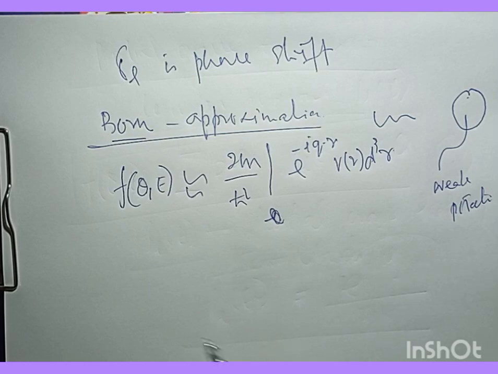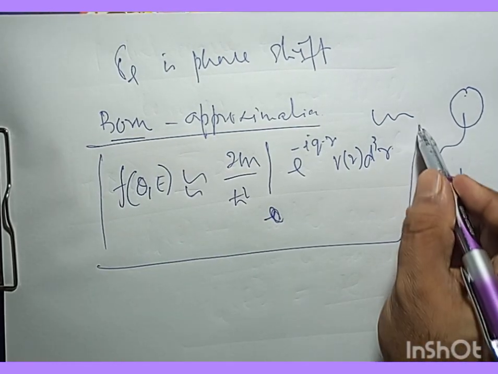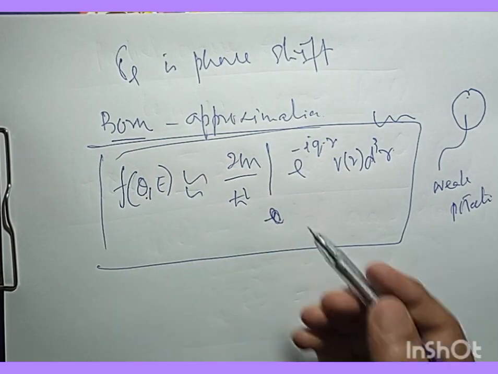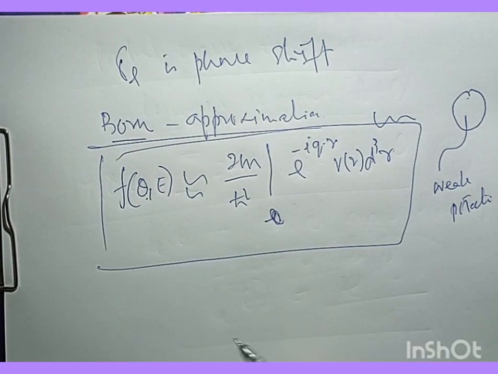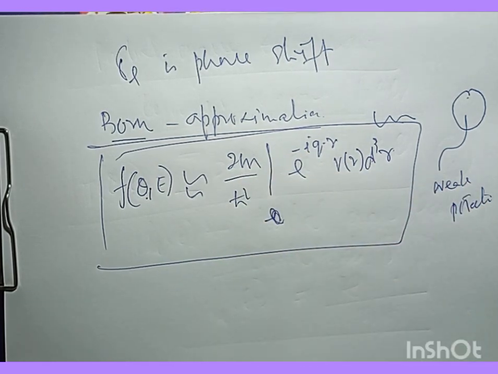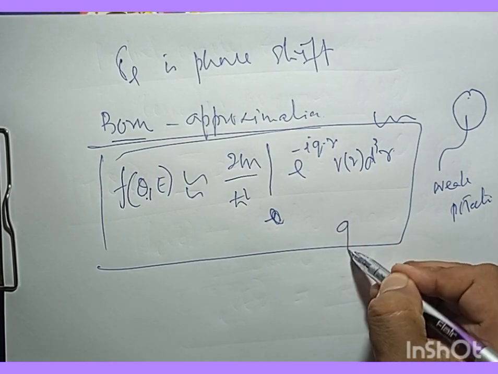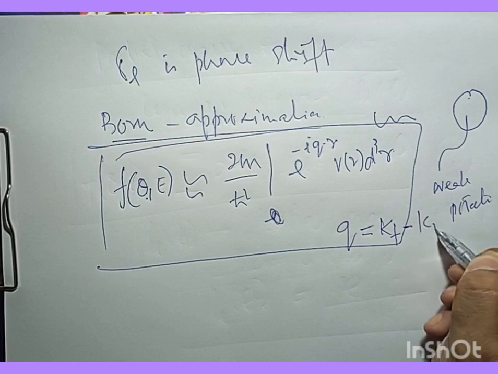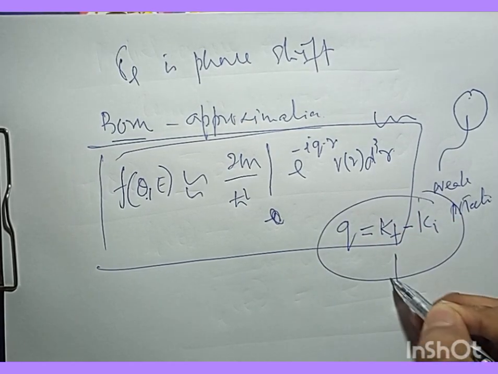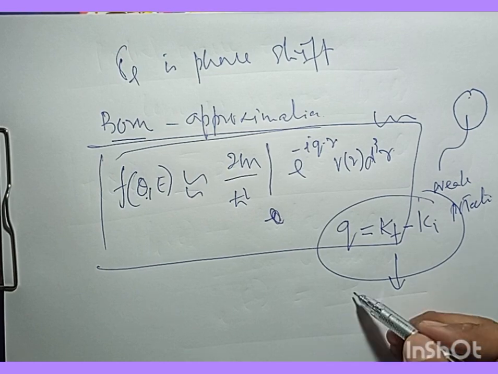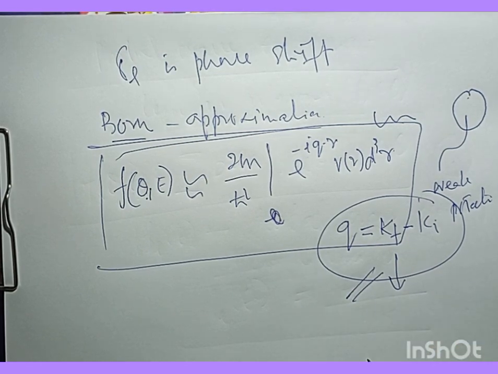In the forthcoming videos, when I extensively discuss Born approximation, here I'll not have theta and E, I'll be dealing with k and k dash, depending on the circumstances. And we will have an equation like this. And this q, you will see, will be k final minus k initial, where k is our wave vector, which has a relation with the momentum space. And this gives us the measure of transfer of momentum.